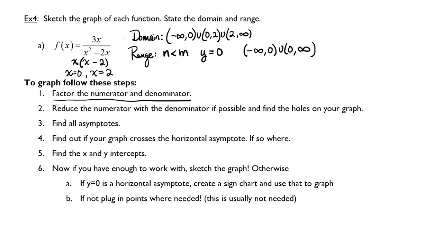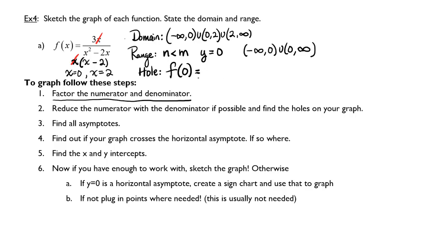Our next step is to reduce the numerator with the denominator if possible and find the holes on the graph. In our case, we have a common factor of x that will reduce out of both the numerator and denominator. So my hole in the graph will be when f of 0 happens.